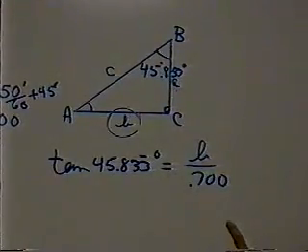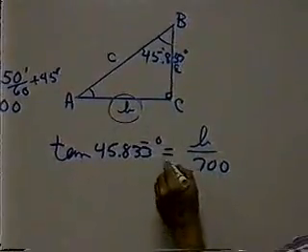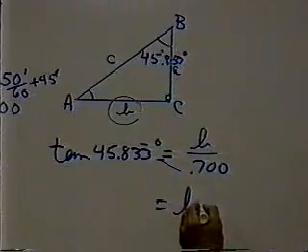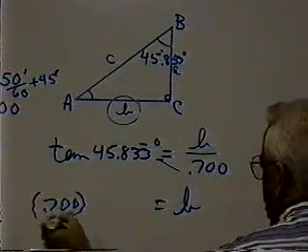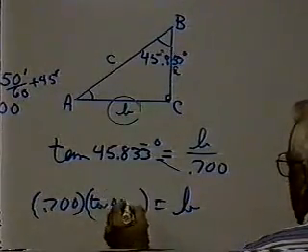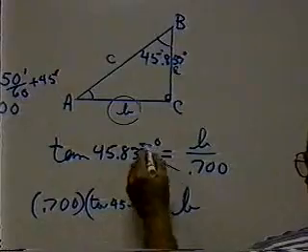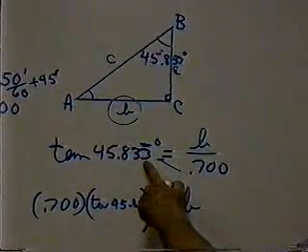The second concept is this. If the unknown is here, then you find it by cross multiplying. So therefore B is 0.700 times the tangent of 45.8. Now, the reason I put that little mark up there is to say that this is a repeating decimal.